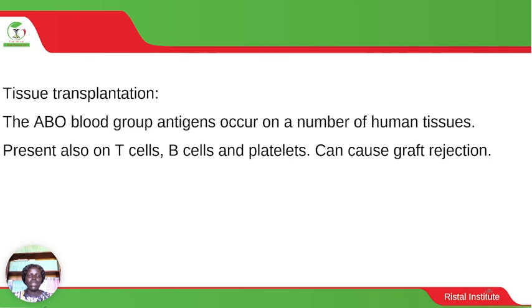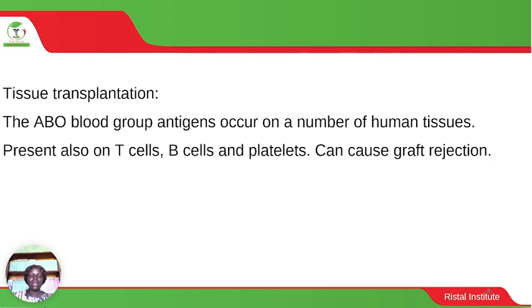Tissue transplantation. The ABO blood group antigens occur on a number of human tissues. So these are present also on T cells, B cells, and the platelets, and they can cause graft rejection.